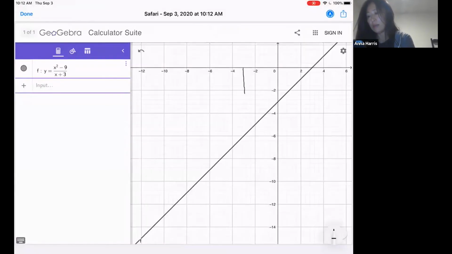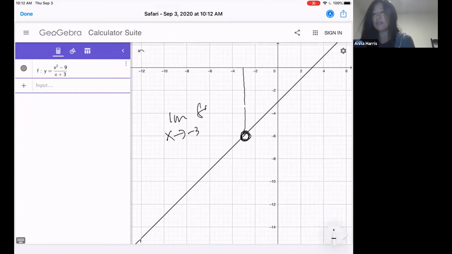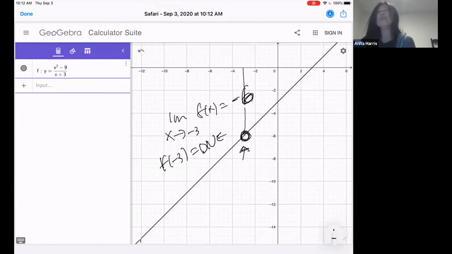I'm thinking -3 is right here, and you're going to have a circle there. So the limit as x approaches -3 of this function would be -6, but you do not have f of -3 because it's an open circle. Whenever it's an open circle, that's a removable discontinuity. You can remove that discontinuity by defining the one point that you need.